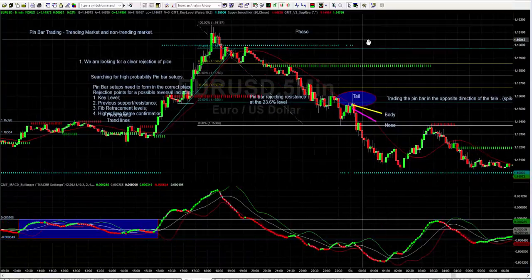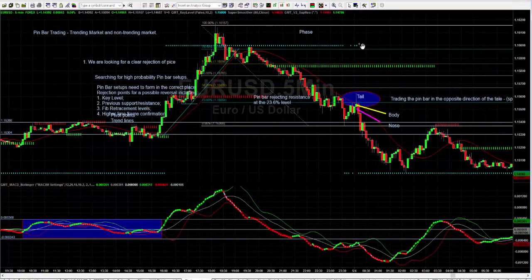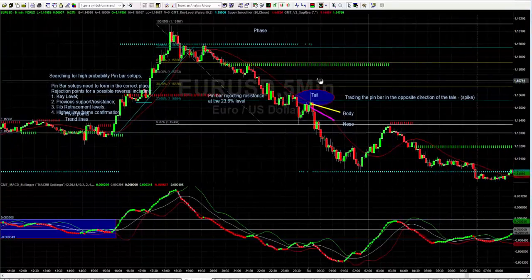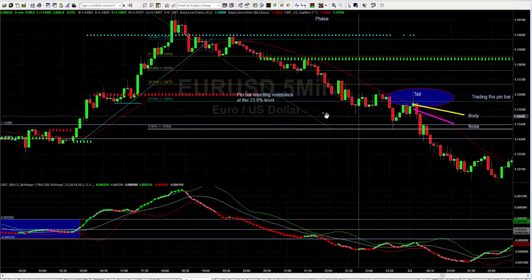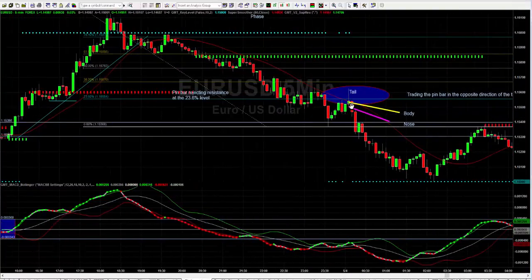So once we've identified the phase of the market, trending or non-trending, we're looking for a clear rejection of price. The pin bar, by its very nature, is designed, or the interpretation of the pin bar is, that we're looking for a rejection of a level.